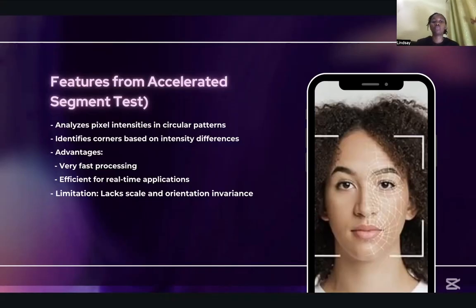Basically, it analyzes pixel intensities in circular patterns and identifies corners based on intensity differences. Advantages: it's very fast, and efficient for real-time applications. But its limitation is that it lacks scale and orientation invariance. That's the difference it has with SIFT, scale invariant feature transform. That's the problem that FAST has.